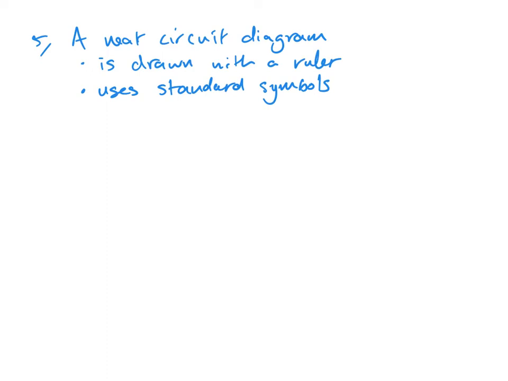We just use a symbol for it. Three, has rectangular lines, i.e. we don't have diagonal lines going directly from one to the other.